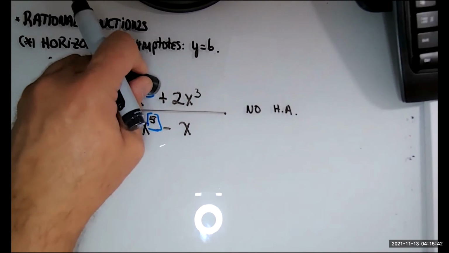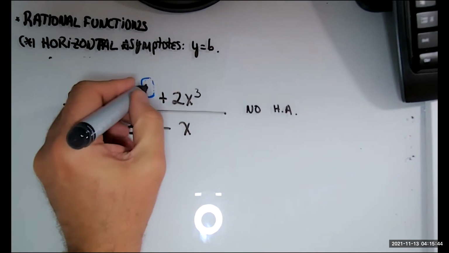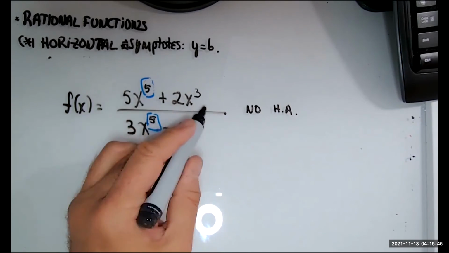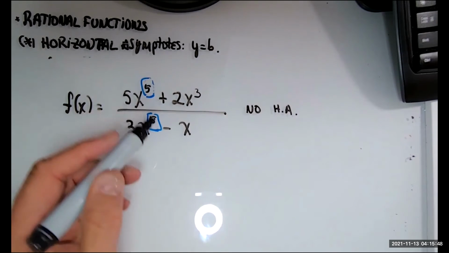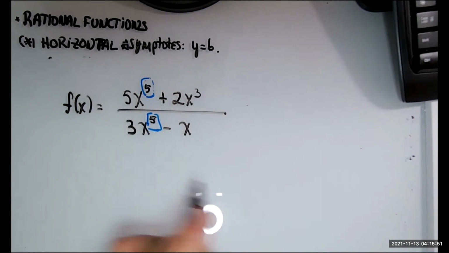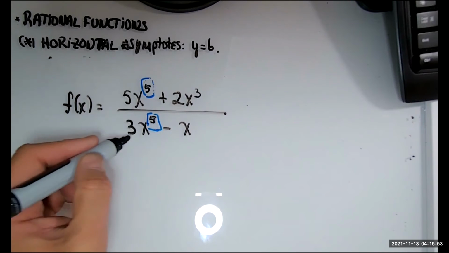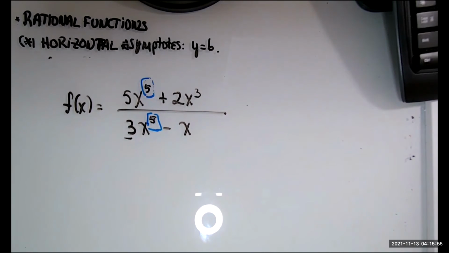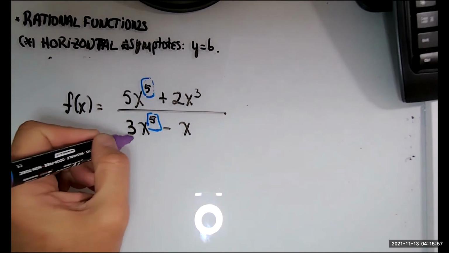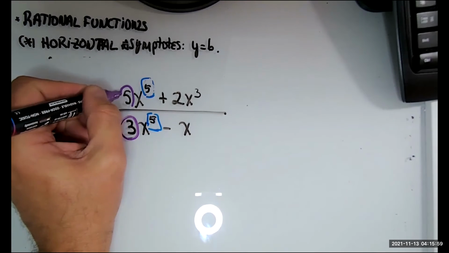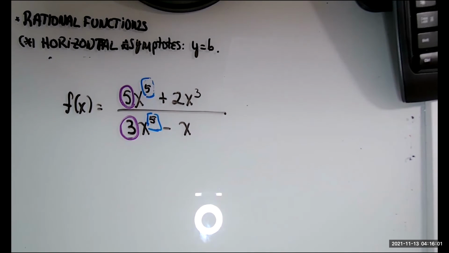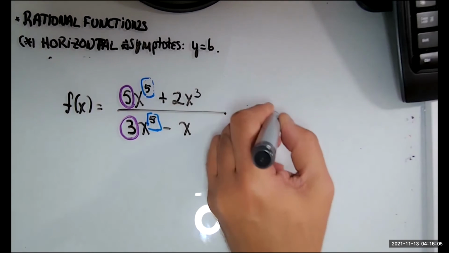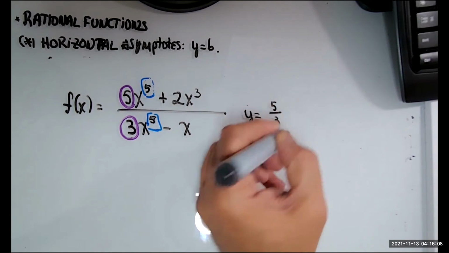So now in this case, we have 5x to the 5 plus blah, blah, blah over 3x to the 5. So now the degrees are the same. Since the degrees are the same, we look at the lead coefficients. The lead coefficient of the denominator is 3, and here it is 5, so this one will exhibit a horizontal asymptote at y equals 5/3. Why?